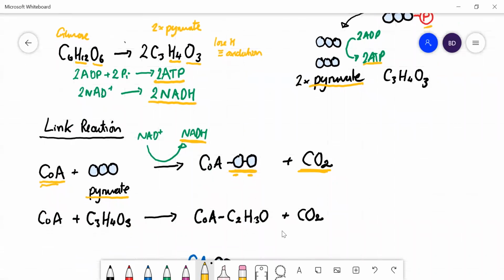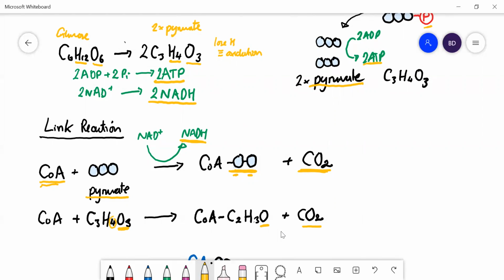Right, so just to show you that that is oxidation, if you look at the number of oxygens here, we have got 3 oxygens on this side of the molecule in pyruvate. By the time you get to that side, you have got 1 there and 2 there, so that's the same. But the number of hydrogens has gone down, so that is oxidation. Because look, you've lost hydrogen.